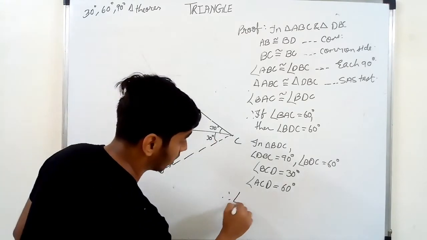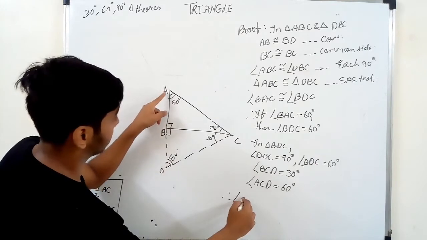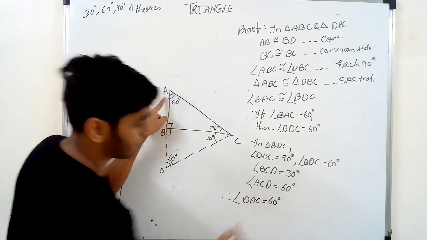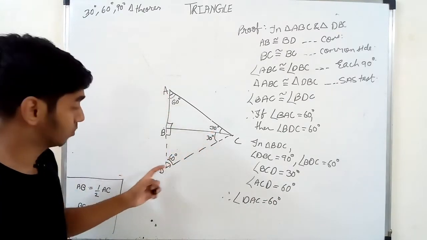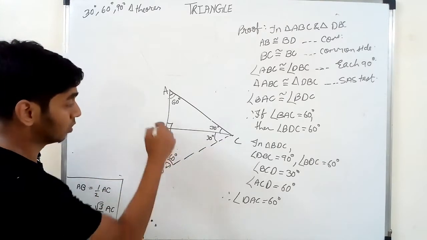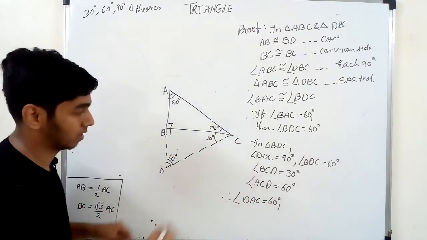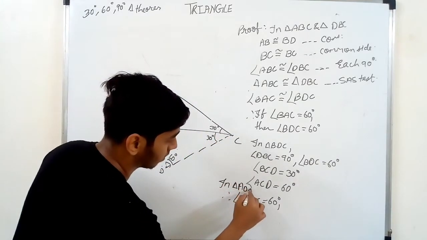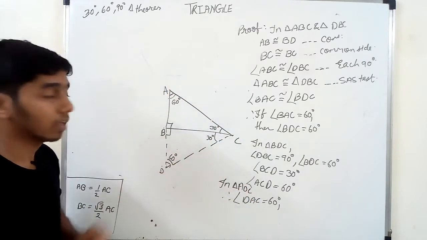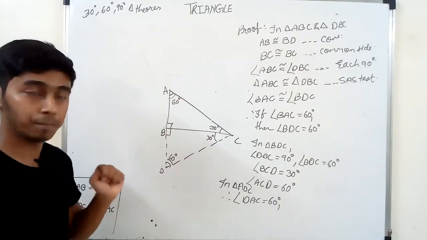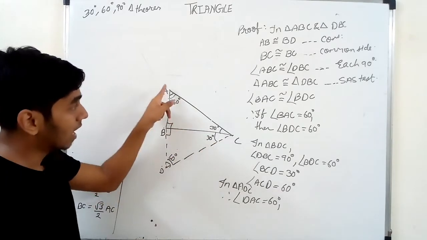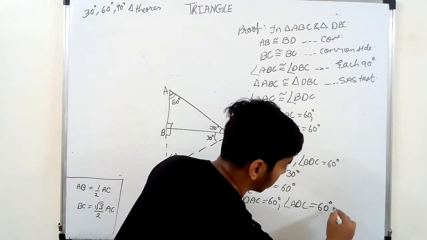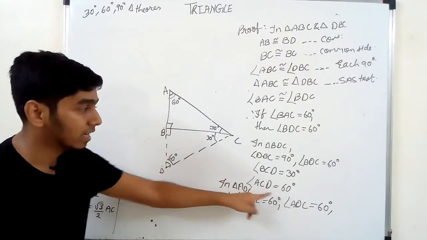So we can say angle A, which is DAC, is 60 degrees. Instead of BAC, we can also write DAC, correct? So DAC is 60 degrees. Consider triangle ADC. We have considered this full triangle together. So DAC is 60, ADC is also 60, and just now we proved ACD is 60 degrees.